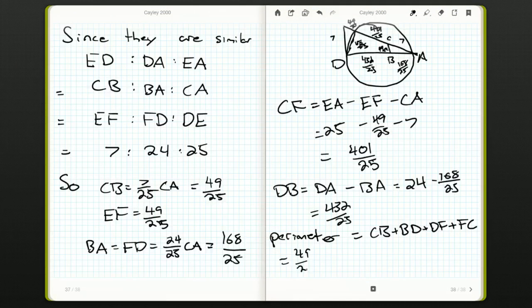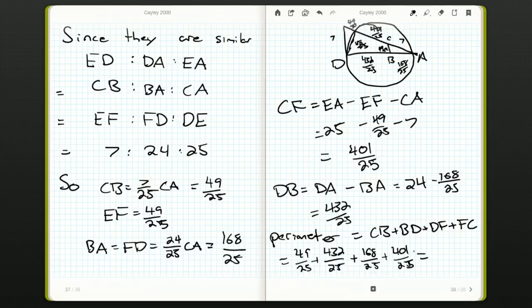That's 49 over 25. Plus BD, we just figured that out, that's 432 over 25. DF, I think we already knew that one. It's 168 over 25. And then finally, FC is 401 over 25.